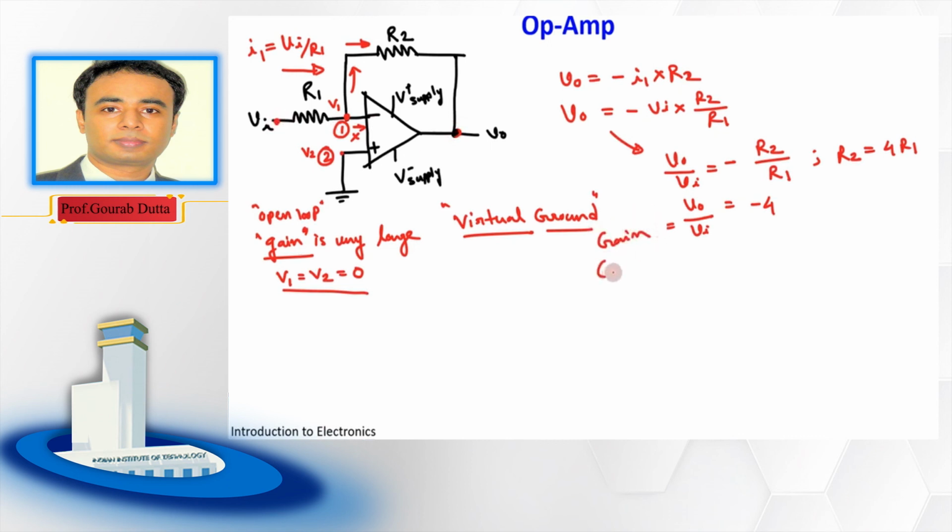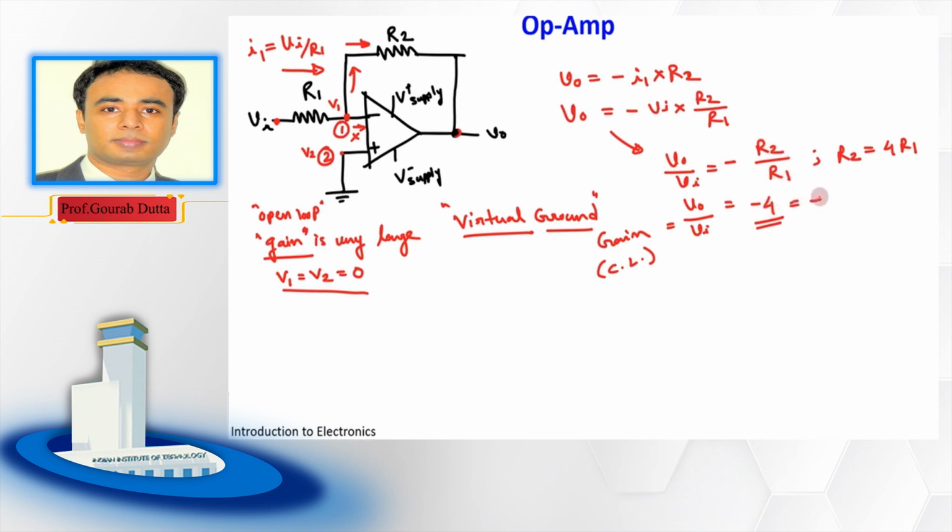This is the closed loop gain, because now we have a negative feedback. You see the closed loop gain is finite, it is not infinite, right? The minus 4 we are getting from this.